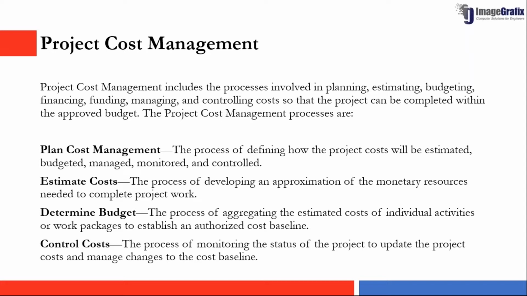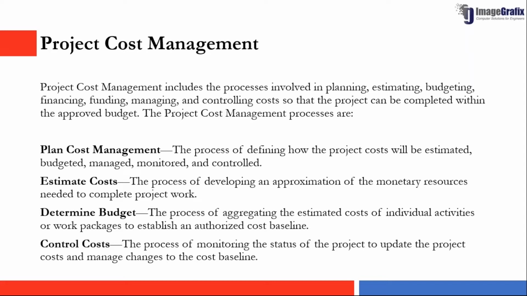Then your estimate costs. To get a clear, correct budget, we need to have correct estimation tools. Once we have the proper estimation tools, we can estimate what resources and efforts are required to complete that project. Then based on our estimates, we will determine our budget, and we will agree with our stakeholders on the total budget of the project.